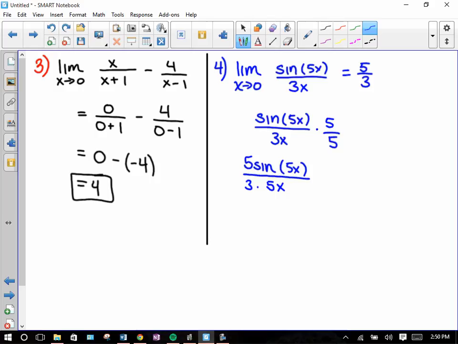So this really is equal to 5 thirds times sine of 5x divided by 5x. What's the limit of that as x approaches 0? 1. So 5 thirds times 1 is equal to 5 thirds.